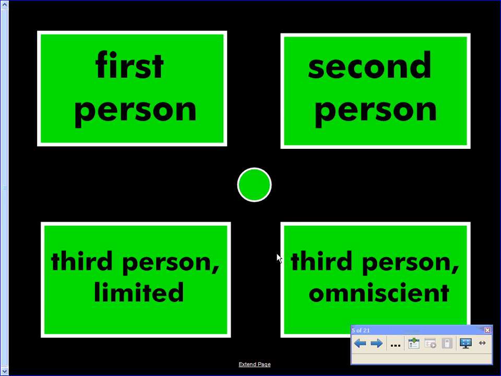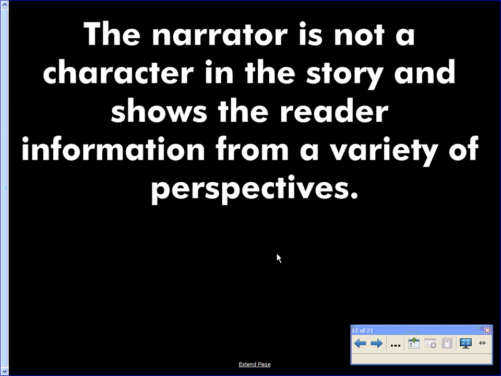Okay, moving on to the final perspective of the four. Third omniscient bears something in common with third limited. However, it's quite a different sort of perspective. The narrator is not a character in the story and shows the reader information from a variety of perspectives. So two principles in this definition once again.